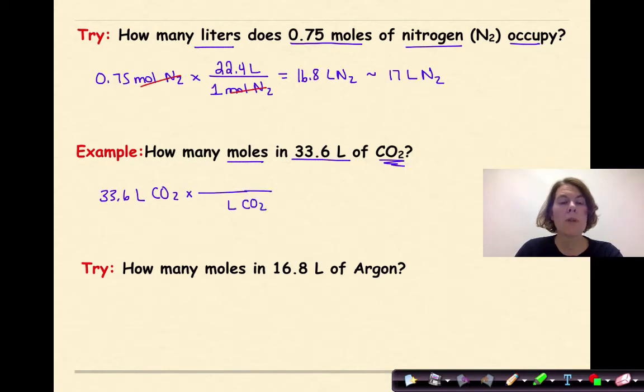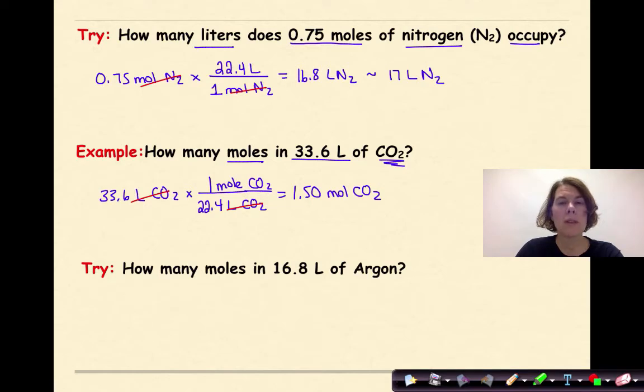I want moles, and I know that every 1 mole of CO2 is equal to 22.4 liters. I'm going to make sure that my units cancel, so liters cancels liters. So then I'm going to do 33.6 times 1 divided by 22.4, which will give me an answer of 1.50 moles of CO2. And that's an example of how to start with volume and convert to moles.